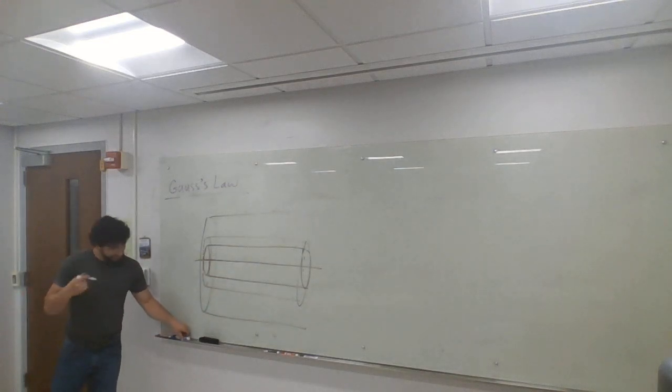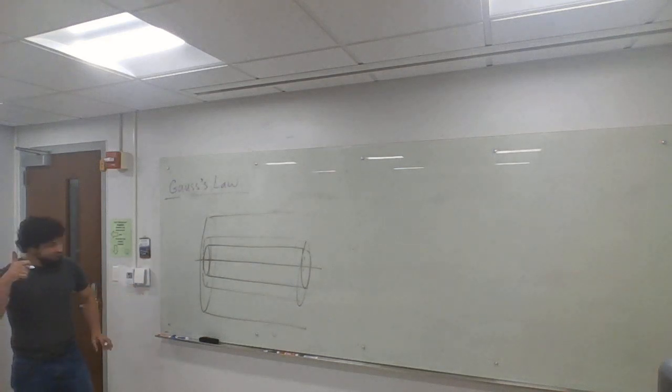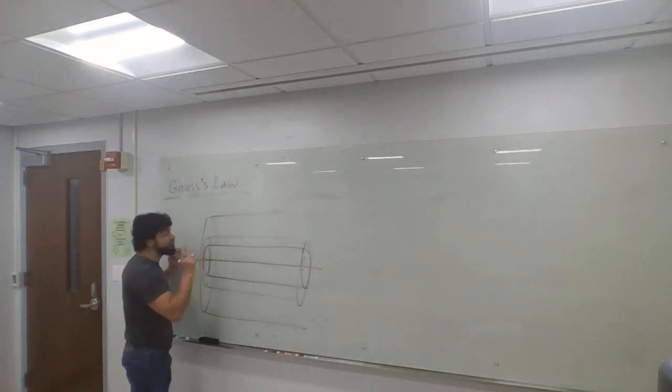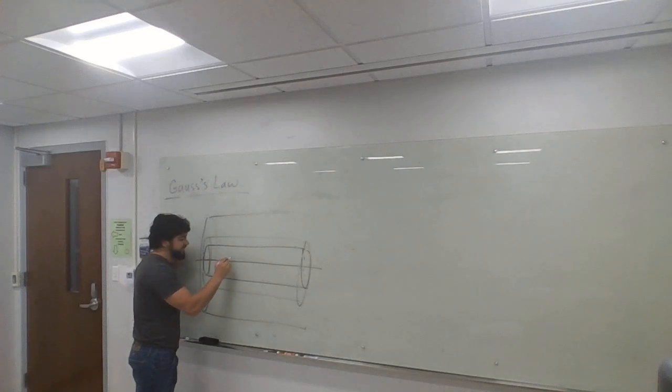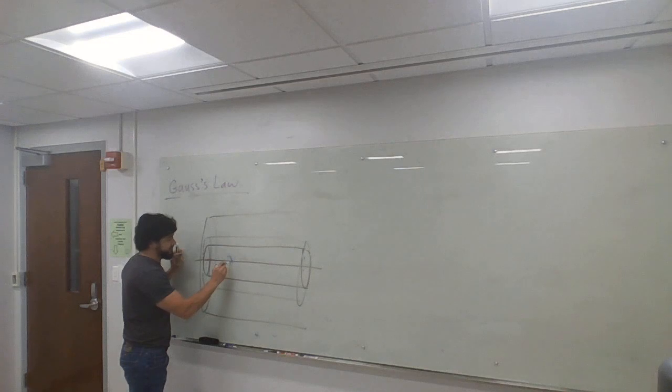Okay, so if you hear me, you know what I'm talking about. The wire is infinite and it has a uniform linear charge density of lambda. That's the wire.